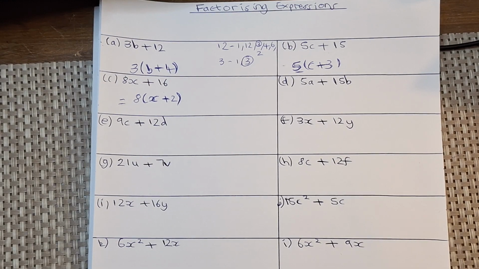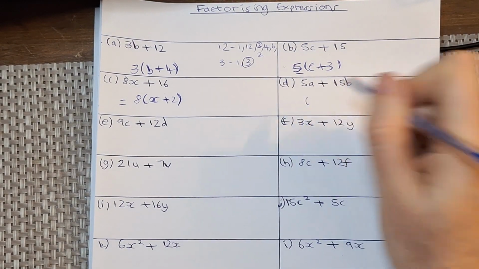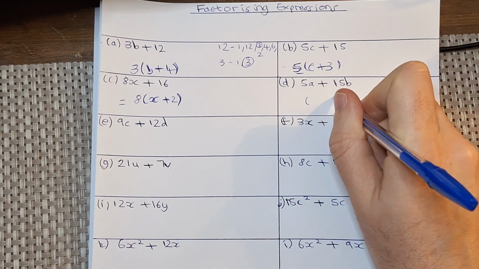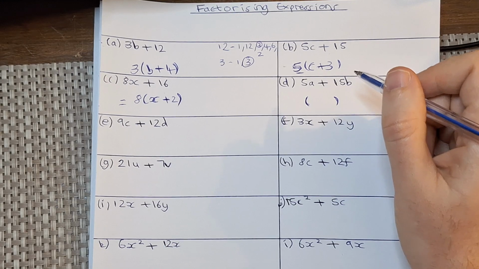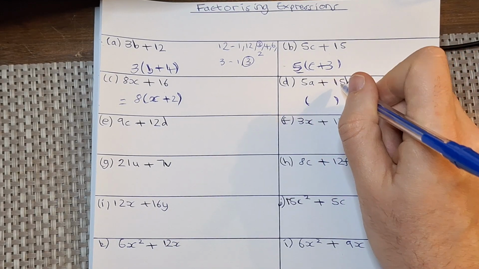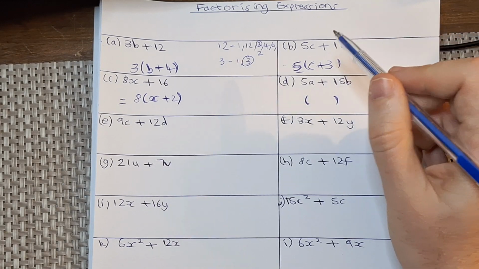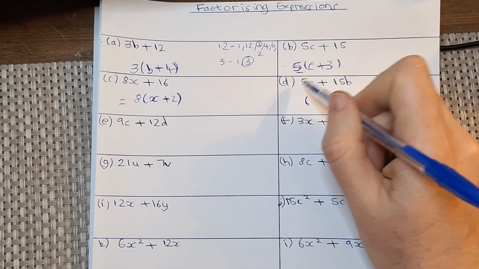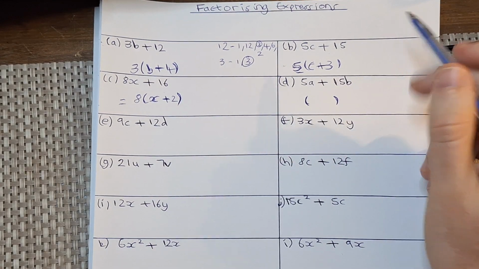Next question, we have 5a plus 15b. What is our highest common factor of 5 and 15? It's going to be 5, because the factors of 5 are 1 and 5, and 5 is a factor of 15, because 5 times 3 is 15.